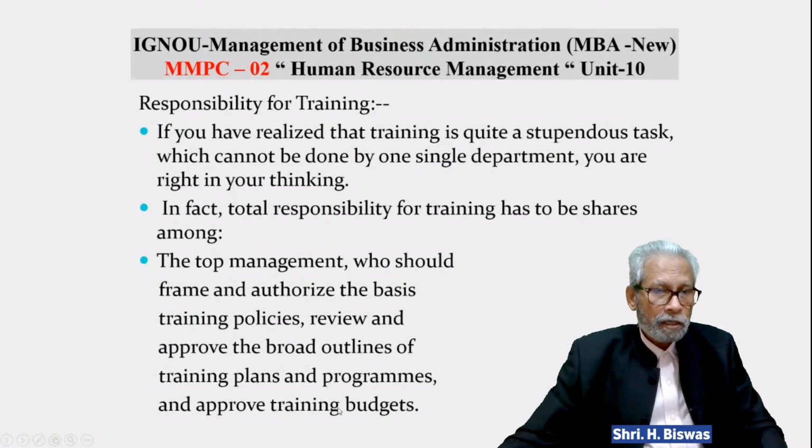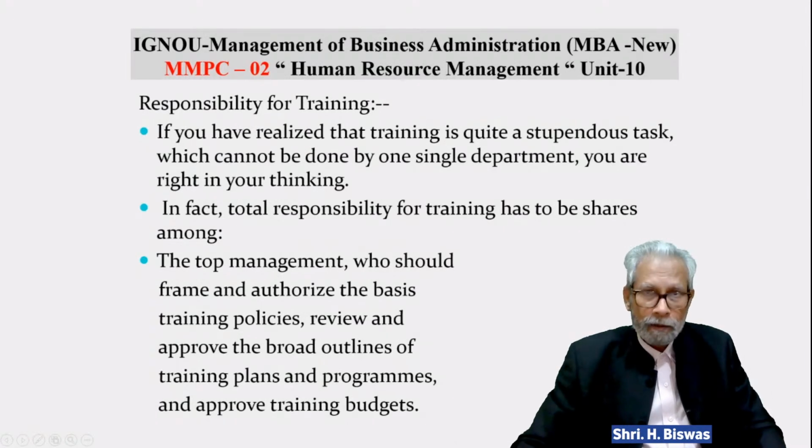Everybody has to join. Only then can you derive the outlines for the training plan. Before preparing the training plans and programs, you have to discuss with the other departmental heads, and only then can you approve the training budget. So this responsibility has to be shared before finalizing the training programs.